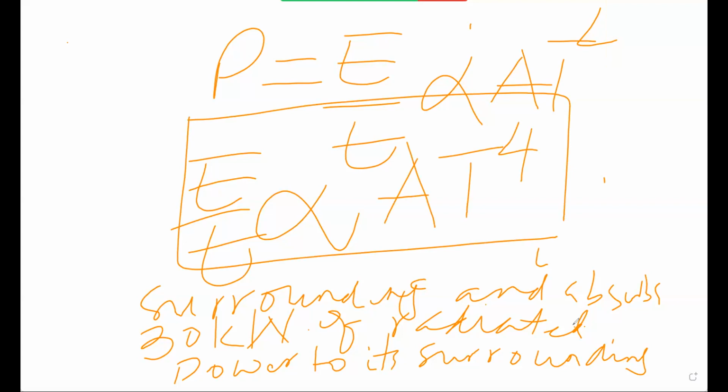That's another way of stating it. The power per unit area is directly proportional to the fourth power of the absolute temperature. The power per unit area radiated is directly proportional. Does it answer your question?